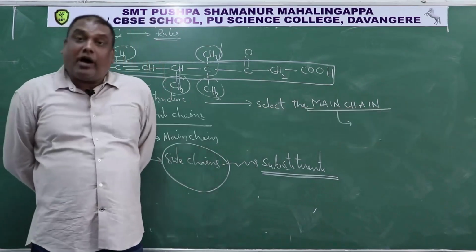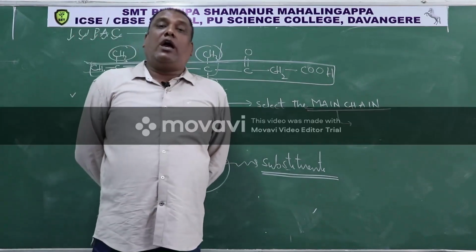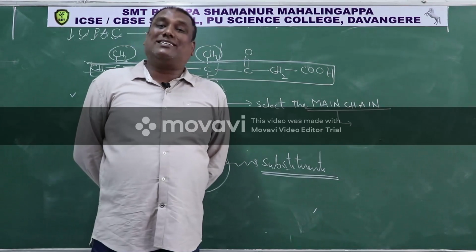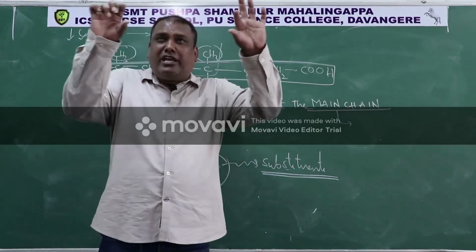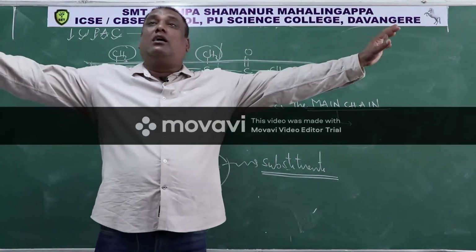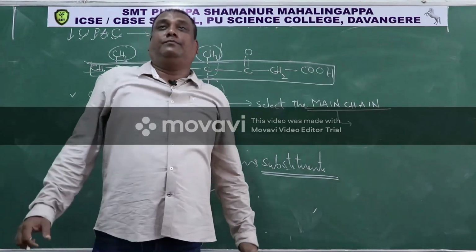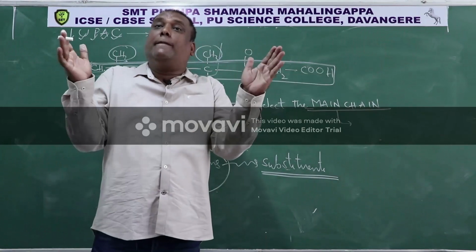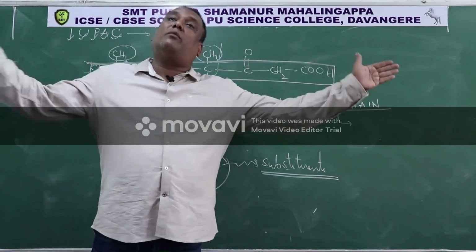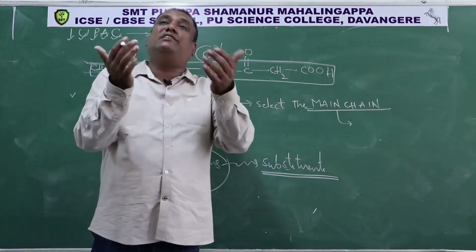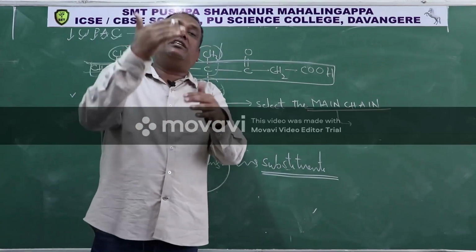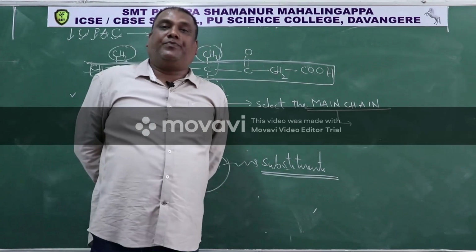So in an organic compound, we have to observe the structure and see which chain is the largest, which chain has more carbon atoms. That chain is selected as the main chain, and all the remaining chains become side chains.